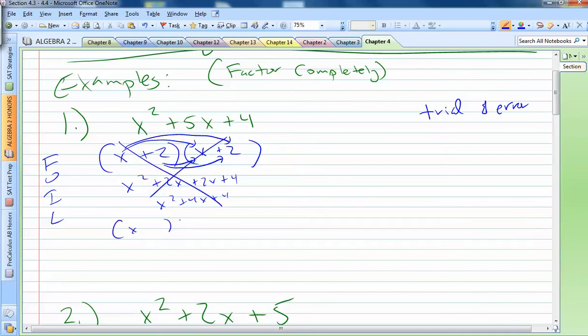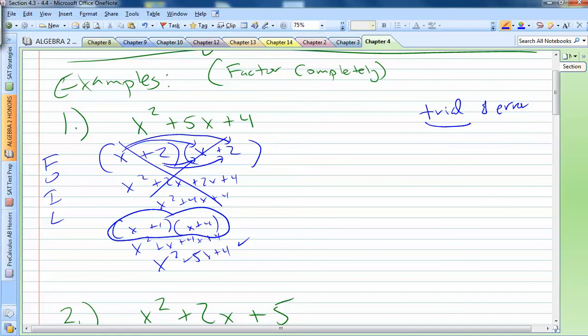Let's say you have x and x, plus 1 and plus 4. Oh, I guess it does work, because you get x squared plus x plus 4x plus 4, which is x squared plus 5x plus 4. So then you know that to factor x squared plus 5x plus 4, you would get x plus 1 times x plus 4.